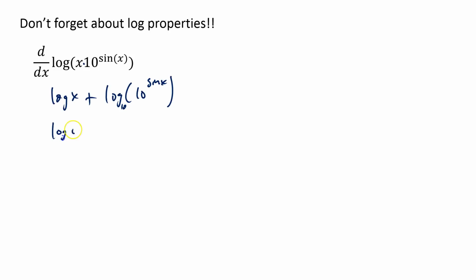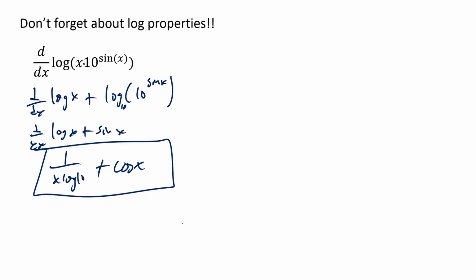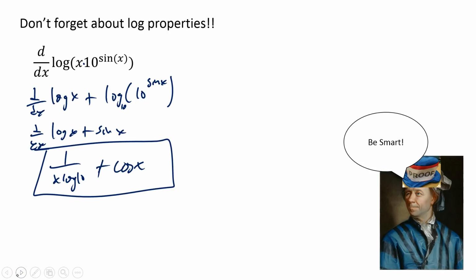So this is log x plus sine x, because log base 10 is just the inverse function of 10 to the x, so it just cancels each other out. So you have the derivative: that is 1 over x ln 10 plus cosine x. And we actually take the derivative. So don't forget, Euler will tell you, be smart. Nice. Use your log properties.